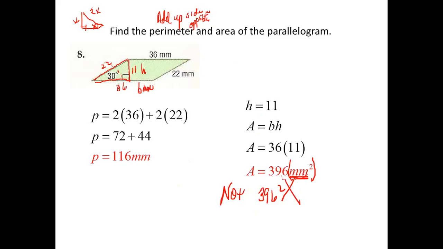Those are the items that you're talking about, square units. Or the word units if you don't know what the units are. But don't give me just, well, I don't know what the units are, so I'm just going to square the number. A word has to be there to tell me that you have something there to be squared. Otherwise, it's showing me that it's 396 squared, which is a huge number.